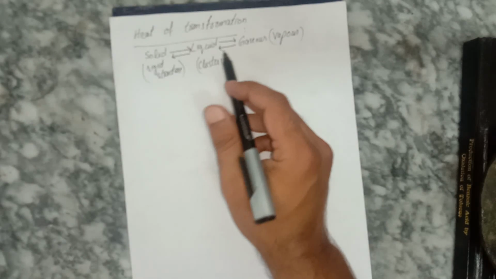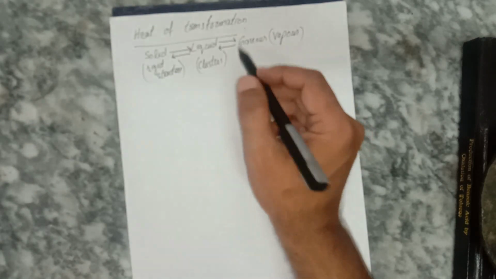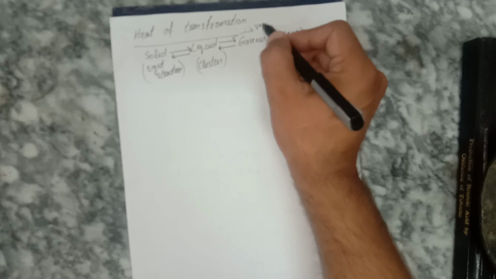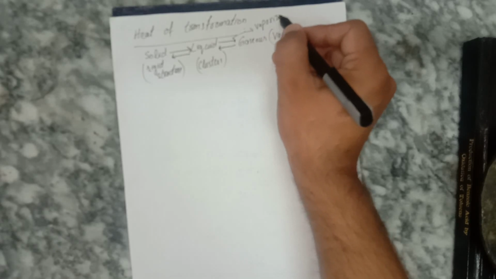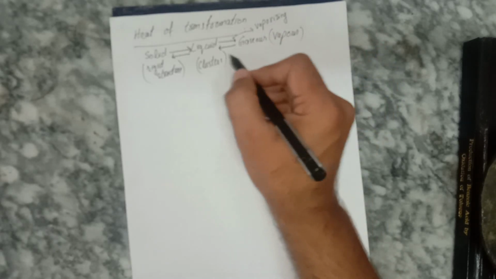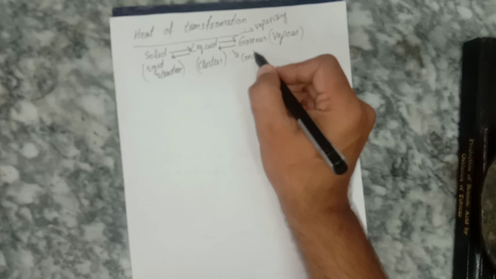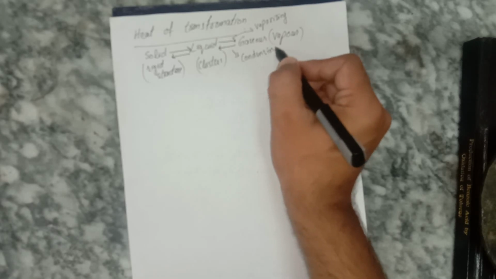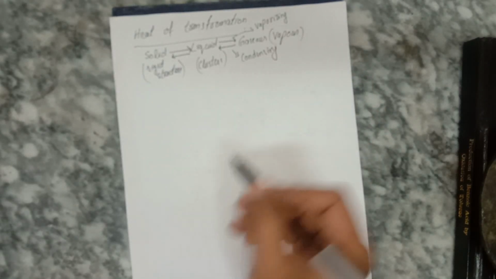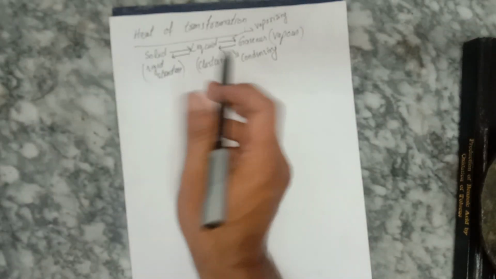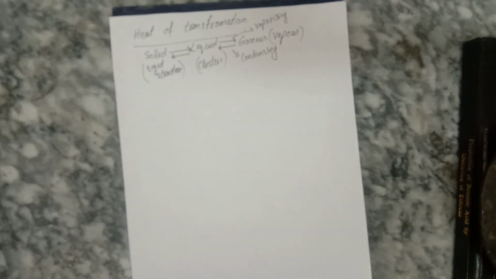Changing liquid into gaseous is known as vaporizing, and changing gaseous to the liquid state is known as condensing, or the process is known as condensation. And similarly, from solid to liquid it is known as melting, and from liquid to solid it is known as freezing.